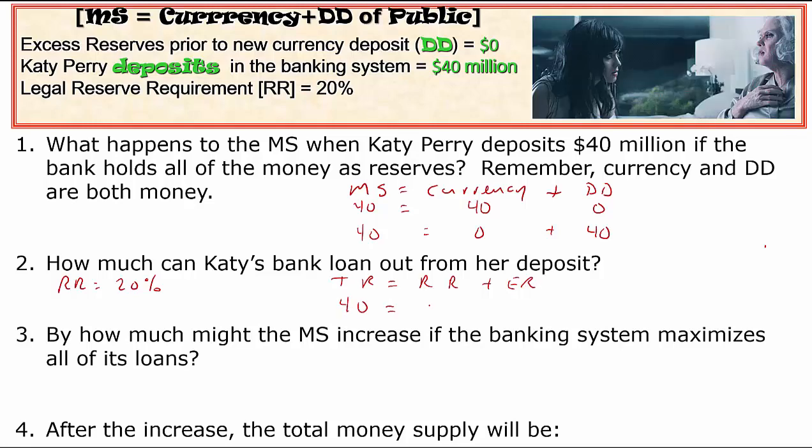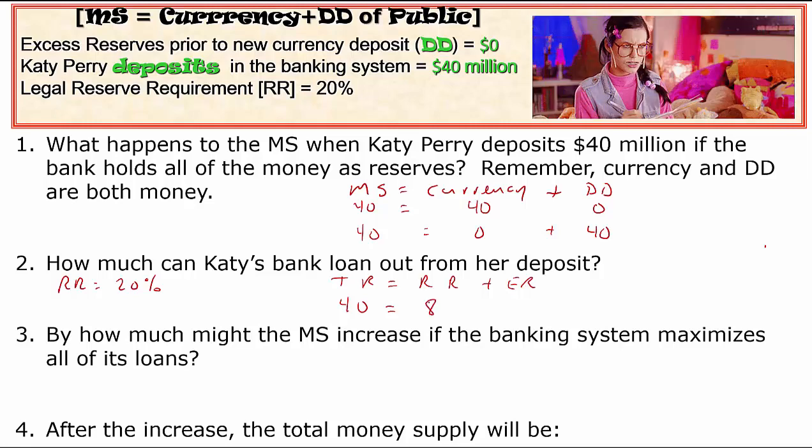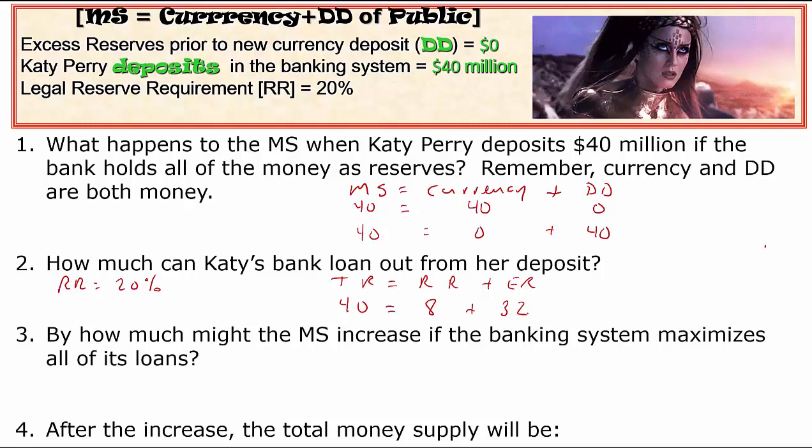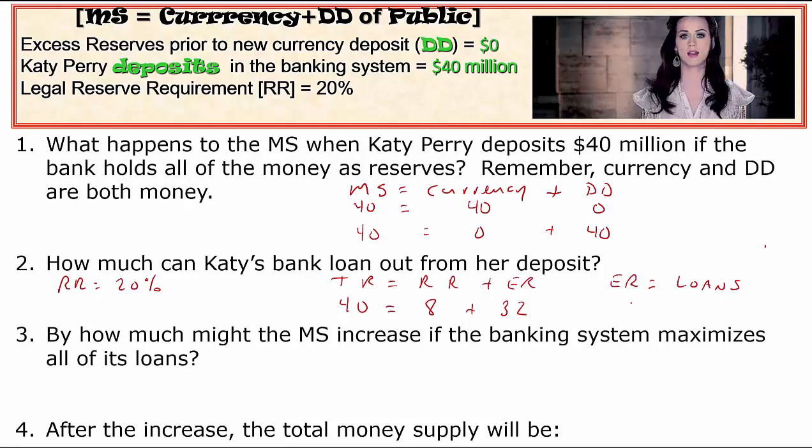Of that, 20% must be set aside as required reserves, so that's $8 million. That leaves $32 million as excess reserves. If you remember your definition for excess reserves, that is what can be loaned out. So how much can be loaned out? $32 million in loans.